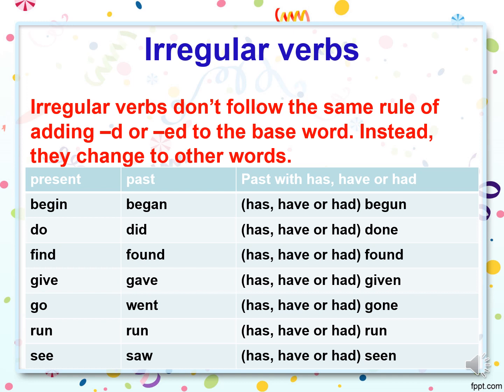Do, did, done. Find, found, found. Give, gave, given. Go, went, gone. Run, ran, run. See, saw, seen. So all of these are what, boys and girls? All of these are irregular verbs. We don't add ed or d here. We just change spelling.